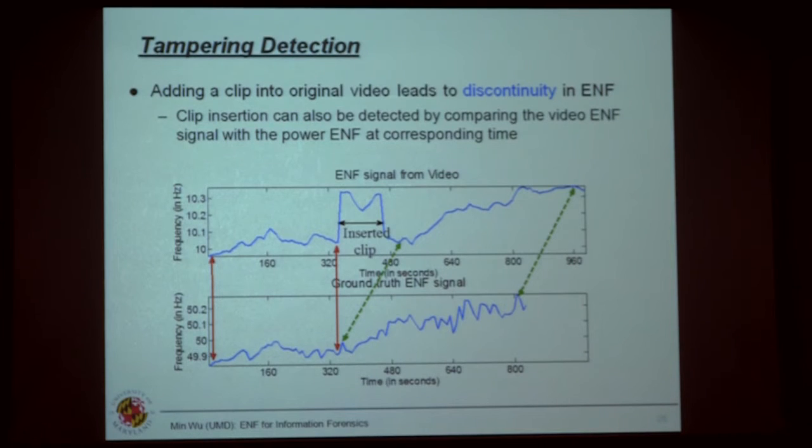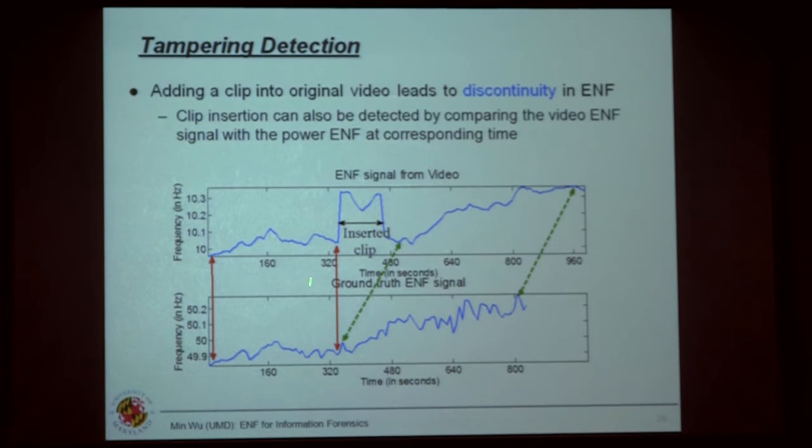And if we take this video, insert a clip from another video, and then look at the ENF extracted from this tampered version, we will see it varying here and then jumping up to higher values, because that's coming from a different time, and the ENF is deviated from the nominal by a significant amount in that particular time period. And when we finish up, it drops down to continue.